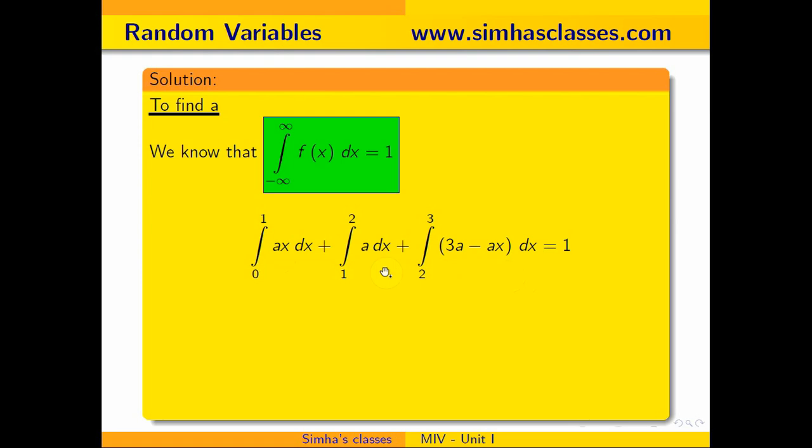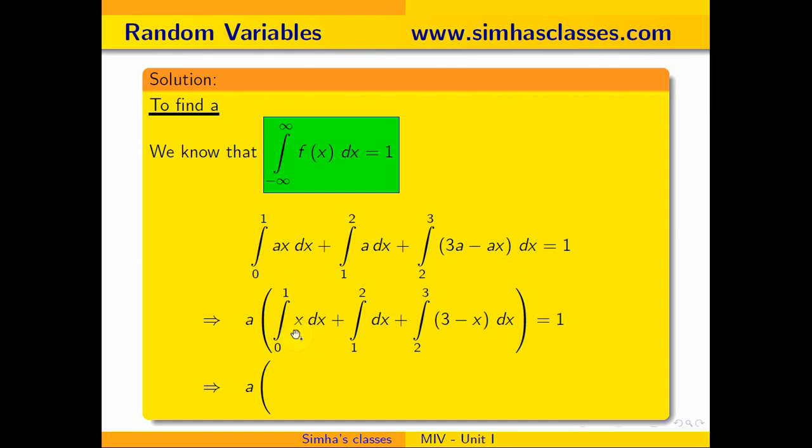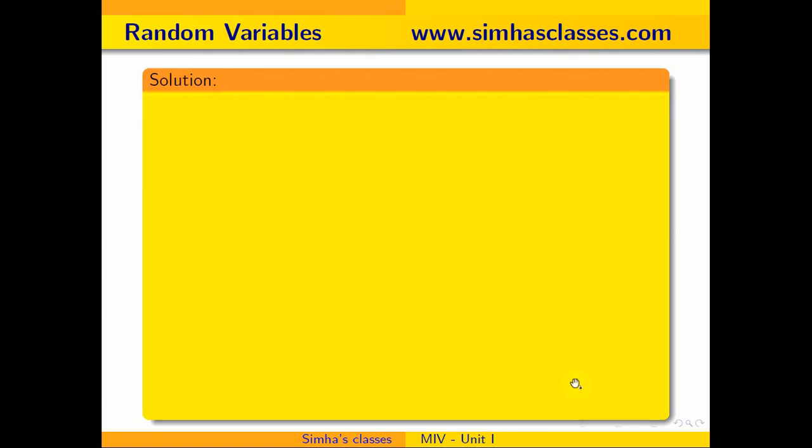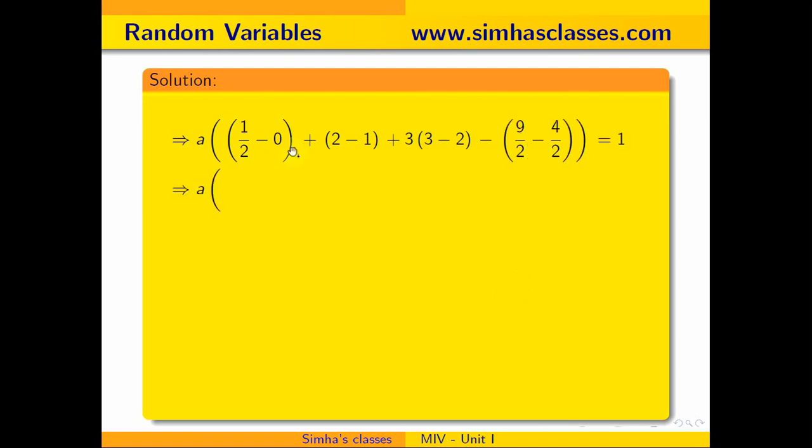Now take a common out, then you will get this, and integrate with respect to x. So this is x square by 2, and this is x, and this is 3x minus x square by 2. Substitute the limits, we get this, which is equal to 1, and simplify.